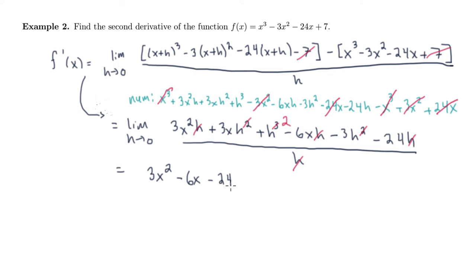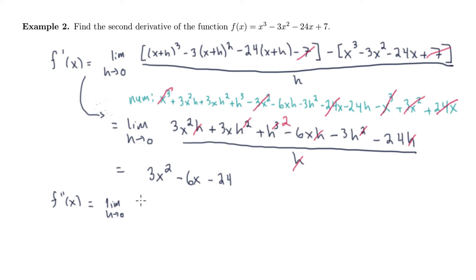Easy enough. So then for the second derivative, we just take the derivative of the first derivative. So it's the limit as h goes to 0, but now instead of plugging in f of x plus h minus f of x, we're going to plug in f prime of x plus h minus f prime of x.